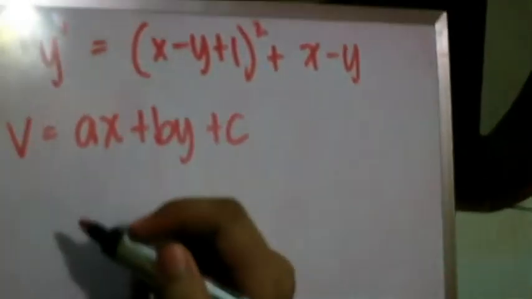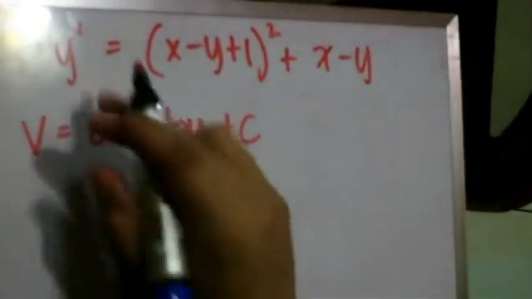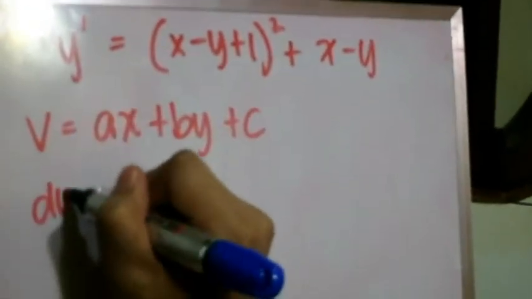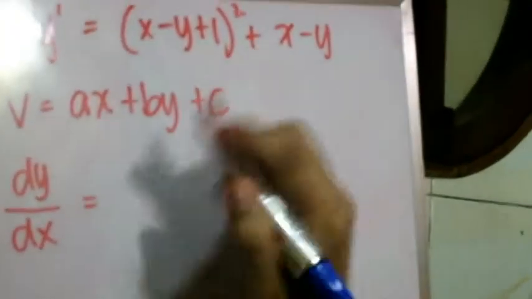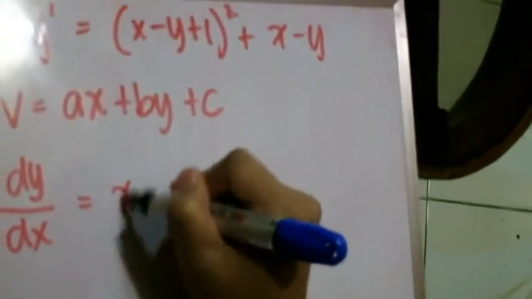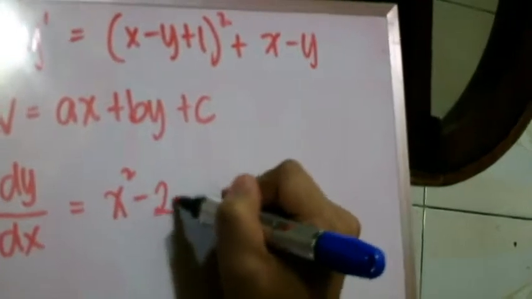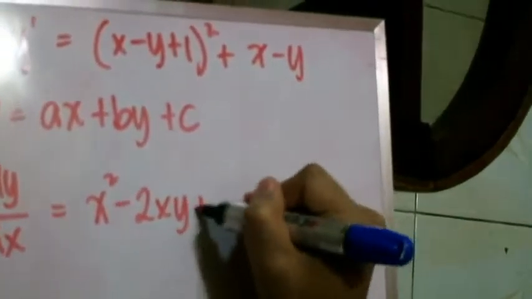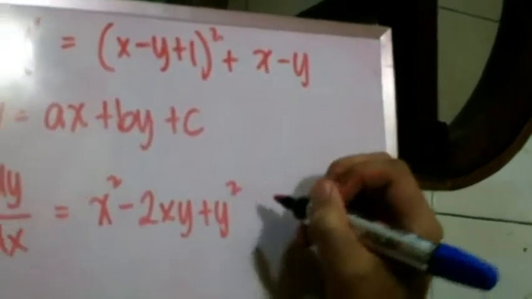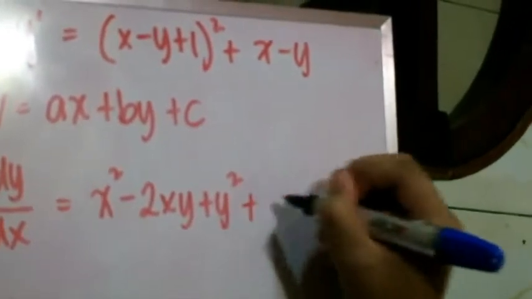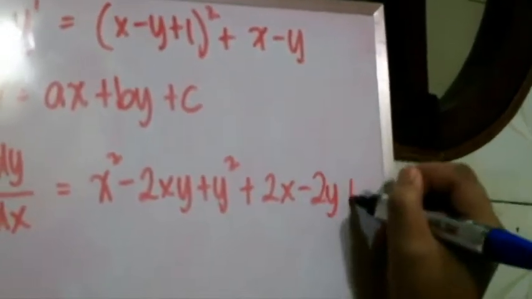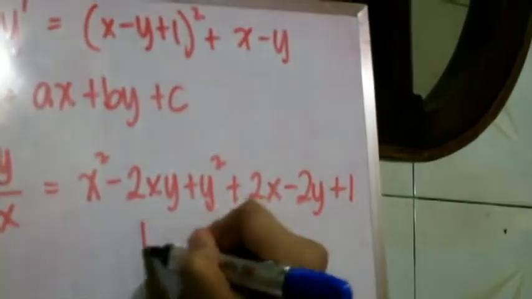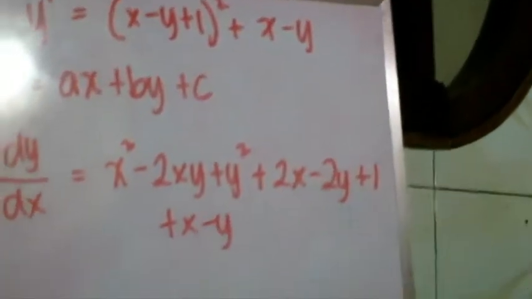Now, first, transforming y prime into dy over dx is equal to, expanding this, we have x squared minus 2xy plus y squared plus 2x minus 2y plus 1 plus x minus y.